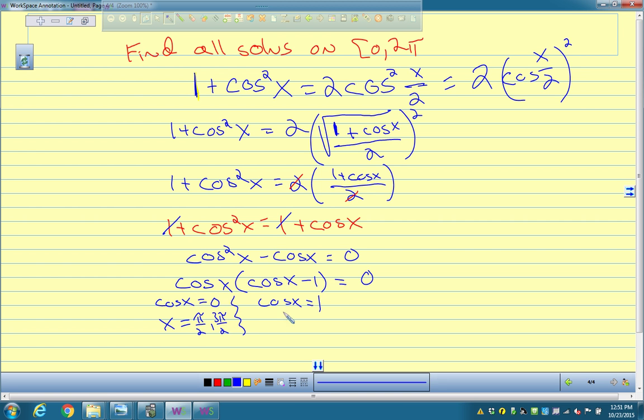And then cosine x equals 1 where? Not at 0 radians, okay? 0, that's radians. And those are your 3 answers. Probably what you should do is take them and plug them back in here to make sure they work, because when you square both sides, but I think we're fine. Okay. So, sorry.